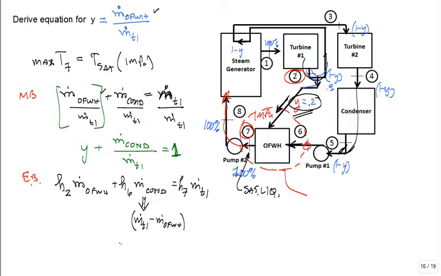Let me write the whole equation out: H6 plus H2, mass flow rate open feed water heater, equal to H7 times the mass flow rate of the first turbine stage. So really what I've done is used substitution and the mass balance equation to eliminate the unknown m dot through the condenser. I then do the same thing I've done up here, and divide everything by the mass flow rate for the first turbine.